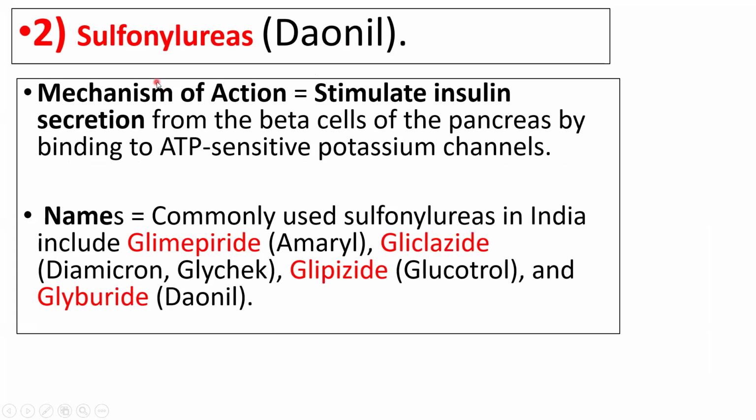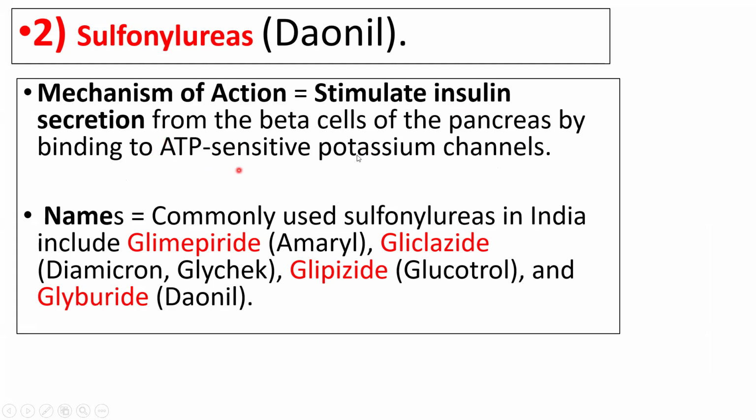Now, second, sulfonylurea, the famous drug. 90% of diabetic patients are on Daonil. Very popular. Sulfonylurea, the example is Daonil. This sulfonylurea group stimulates insulin secretion from the beta cells of the pancreas by binding to ATP sensitive potassium channels.